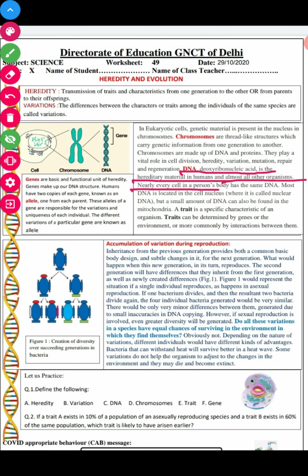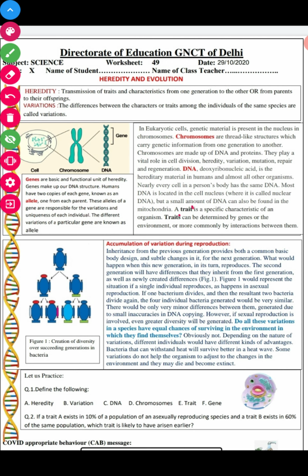Nearly every cell in a person's body has the same DNA. Most DNA is located in the cell nucleus, where it is called nuclear DNA. But a small amount of DNA can also be found in mitochondria. As you have already studied in 9th, they have their own DNA.